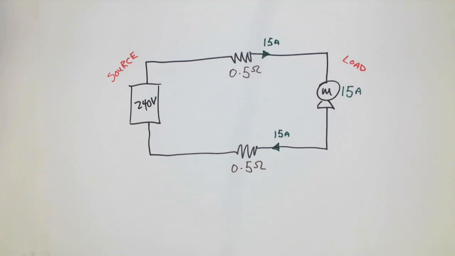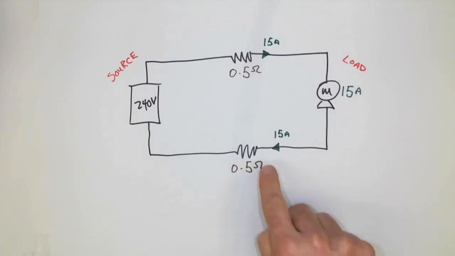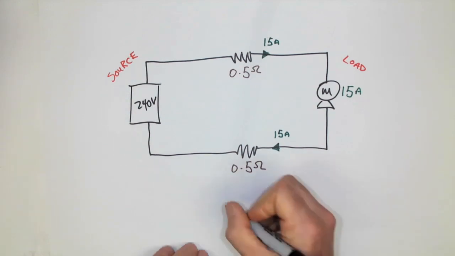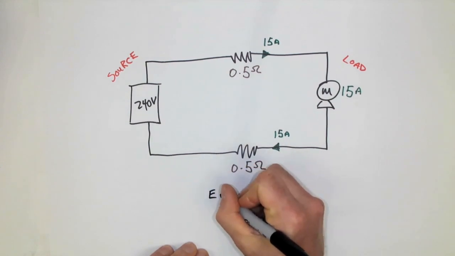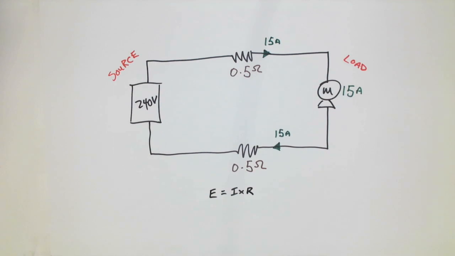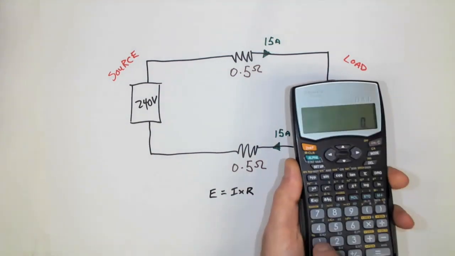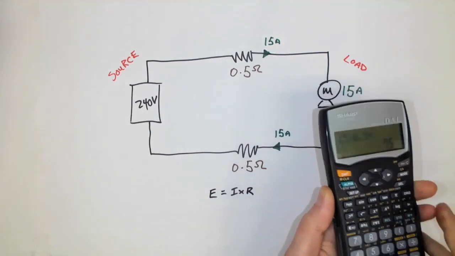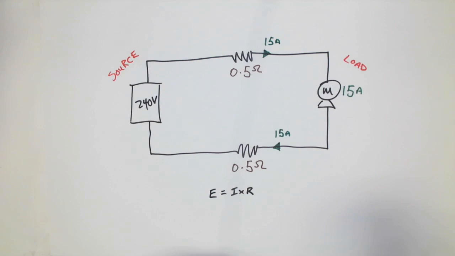And if I want to calculate the voltage that would be present across each conductor, I need to use Ohm's law. Ohm's law dictates that E is equal to I times R. So if I take the current value of my load, which is 15 amps, and I multiply it by the resistance, which is 0.5, 15 times 0.5 gives me 7.5 volts.